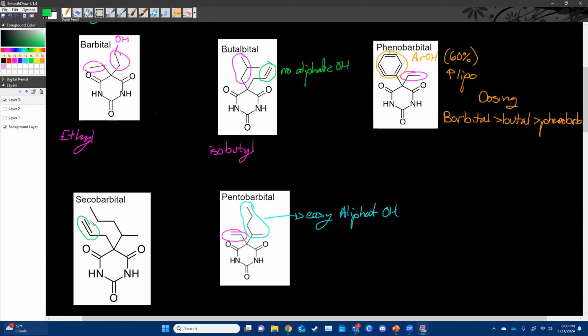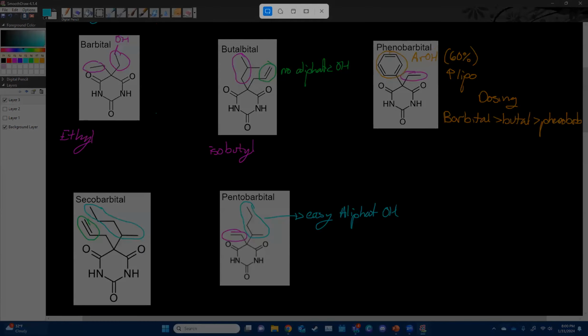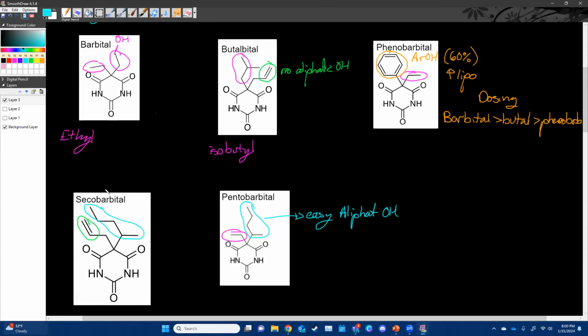We're using this double bond, which is not going to go under aliphatic hydroxylation, but then we're adding this really long chain. So one chain is very bad at metabolism versus another chain is very good at metabolism. And hopefully you can see the pattern, right? Two bad chains, one bad chain, and now we're going to get into our short acting, which is two very good chains.